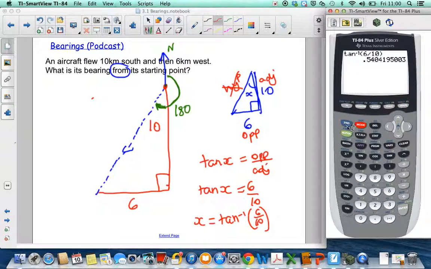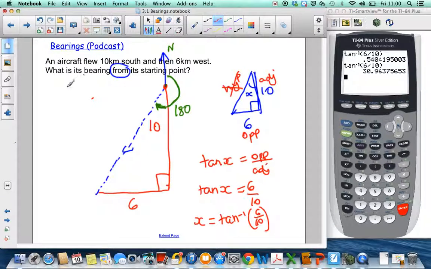It's not likely that it would have been an angle of 0.5. Second tan, 6/10, which is 0.6. That's more reasonable. So x equals 30.6963, so let's say roughly 31.